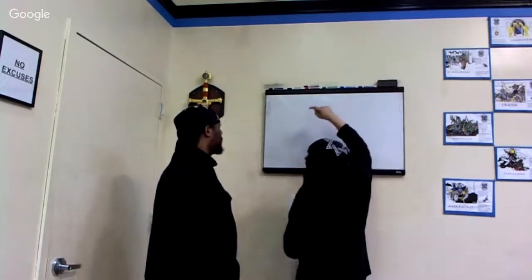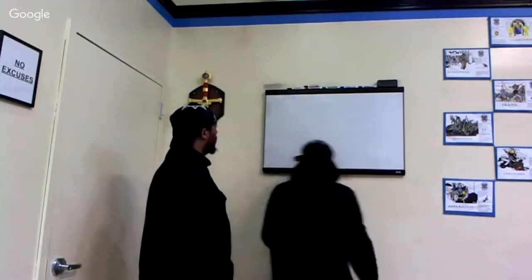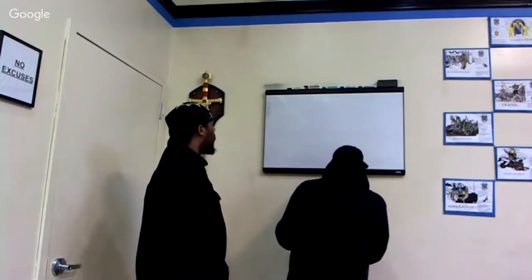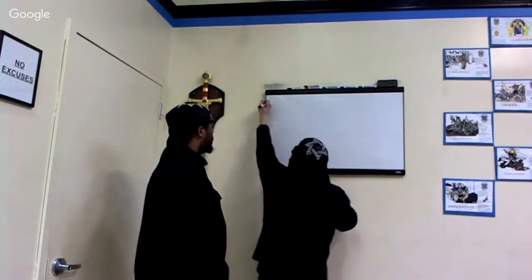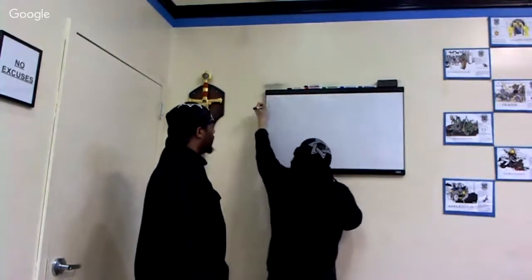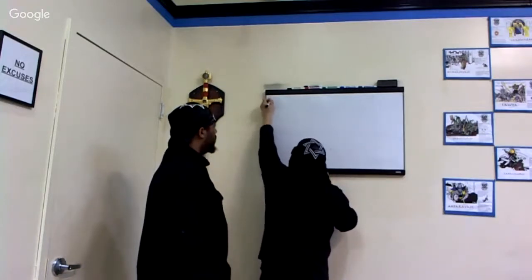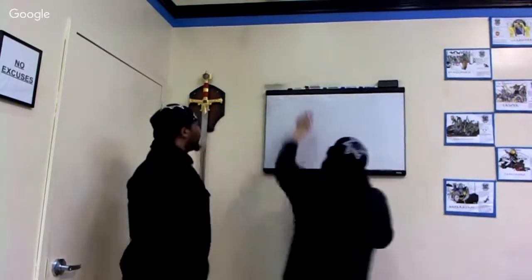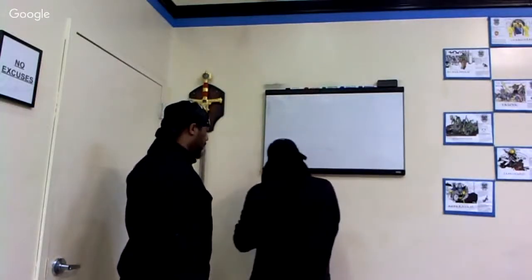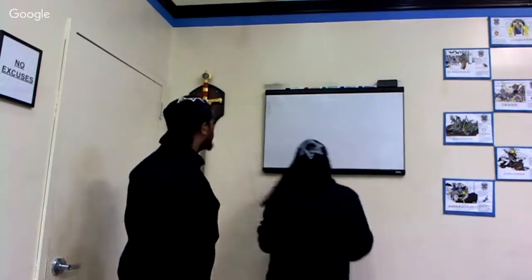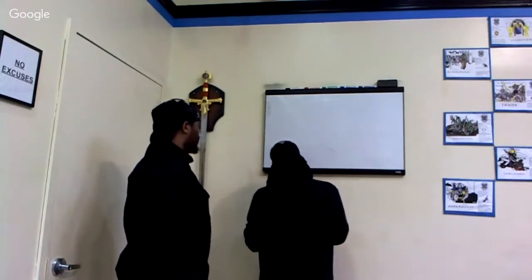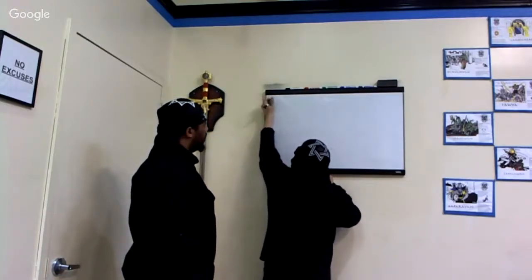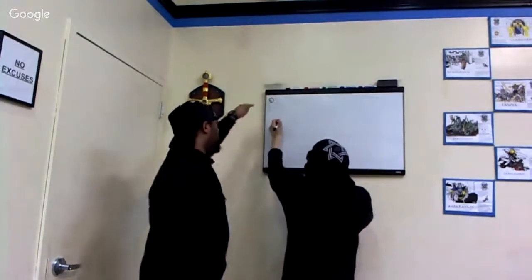Okay, so number 6. Black on black. But you want to put that also in the corner right there. 6 period.